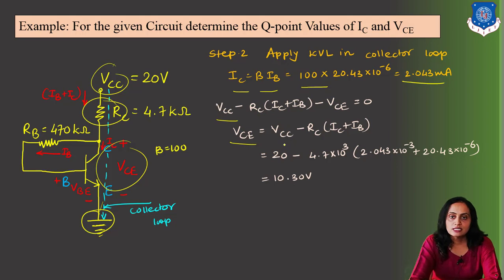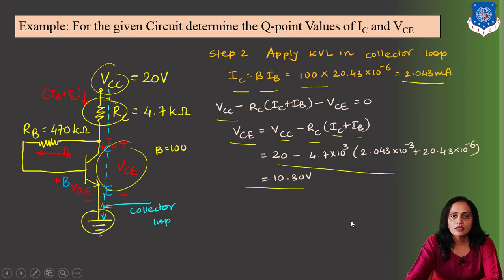To make VCE the subject, we have VCC minus RC into IC plus IB. We have all these values because IC and IB we have already calculated, RC is given and VCC is given. Putting the values, we get VCE as 10.30 volt. Quiescent point coordinates are calculated, that is VCEQ and ICQ.